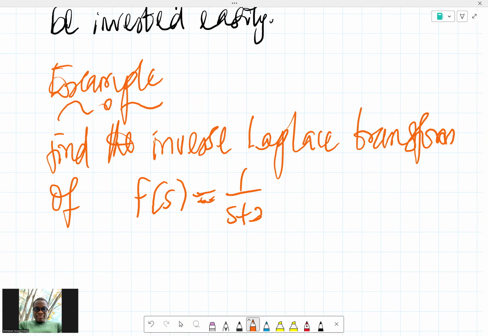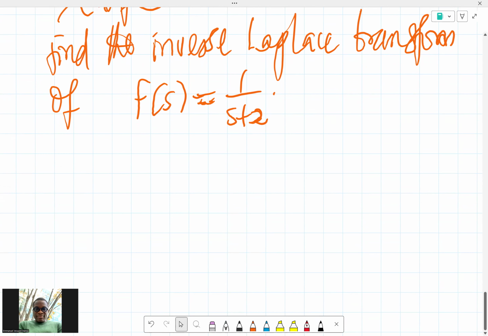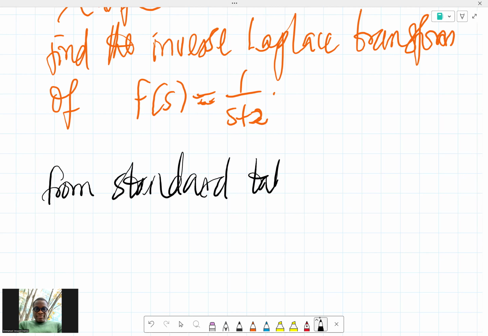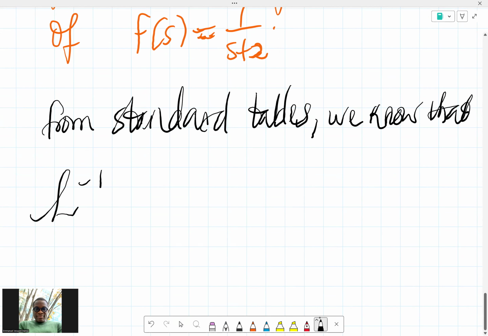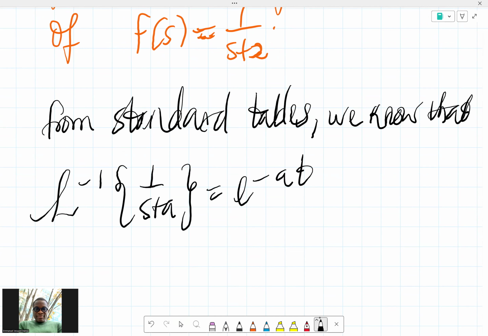Of course, you can remember what we've been doing before, or you can even use a table. So from standard tables, or from recognition, if you remember, when you have a plus like this, it must have come from e raised to the power minus something, and that's minus 2, most likely. So we know that the L inverse of 1 over s plus a would have to be e raised to the power minus at, generally speaking.